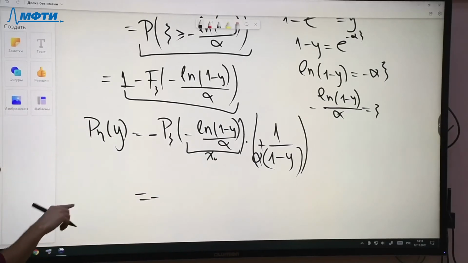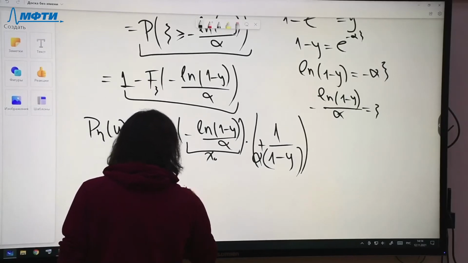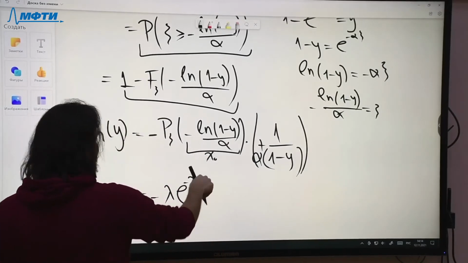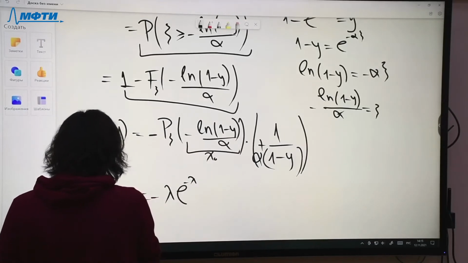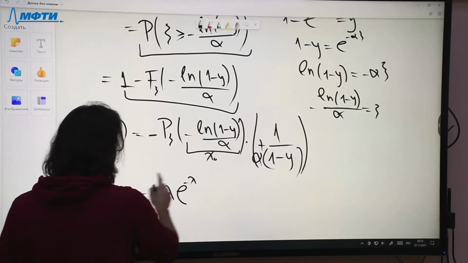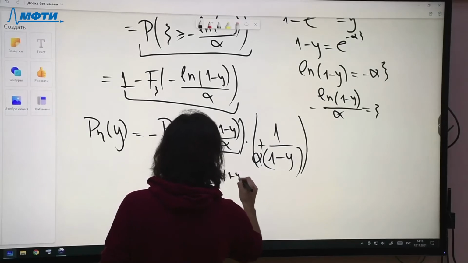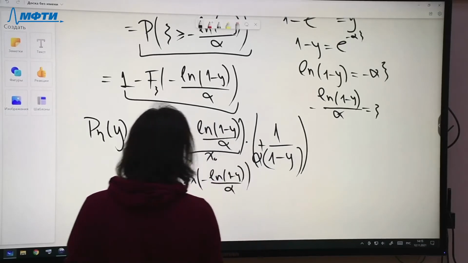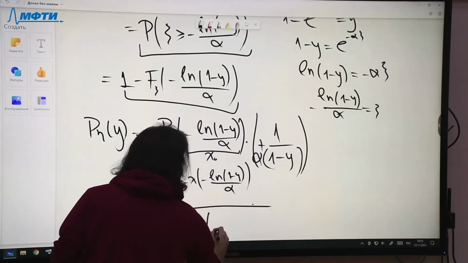So it means that this is equal to minus the density, and the density of psi is the density of the exponential distribution. So this is lambda e to the minus lambda psi, but we don't have psi. We have this point, right? So this is going to be minus ln 1 minus y over alpha times this, right? So over alpha, 1 minus y.